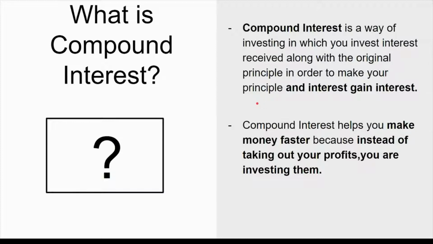And then the next year you ended up turning that $100 into $130. So this year now, instead of just taking out that $30, you would invest the entire $130. Compound interest helps you make money faster because instead of taking out your profits, you're investing them, just as we've mentioned with the $100 analogy.